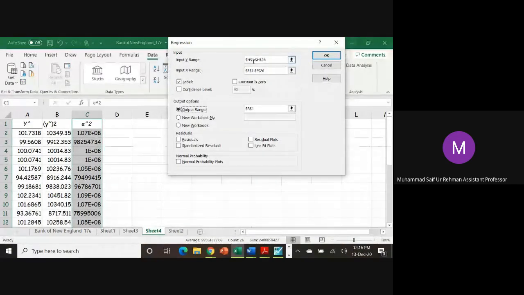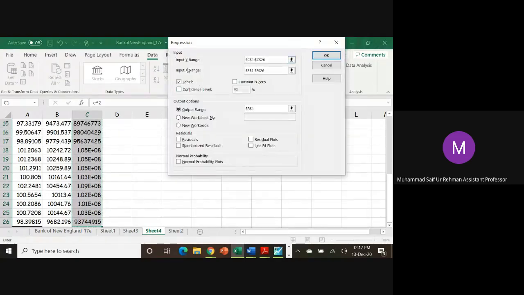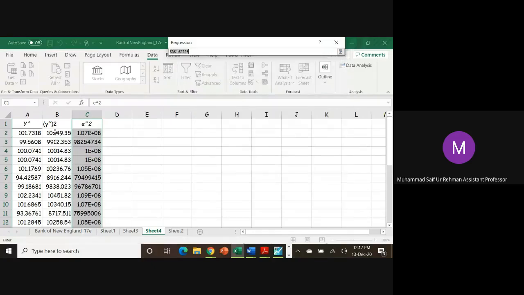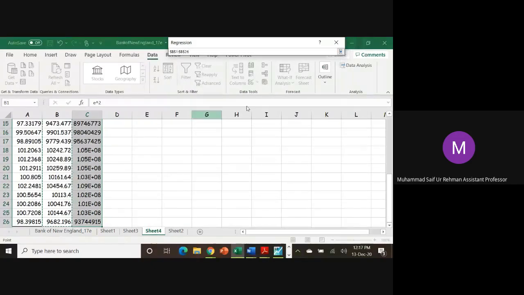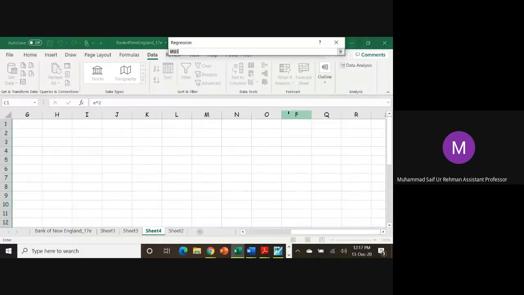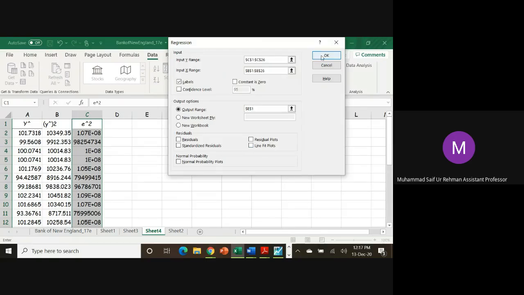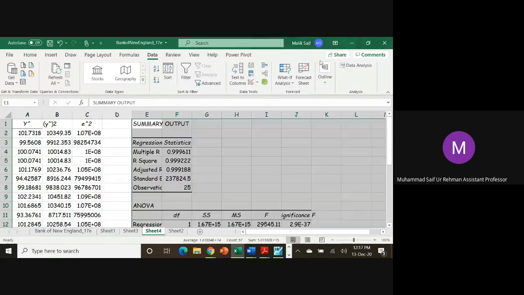Input range, this is your input range for y, dependent in this case, and this. Output range labels are there. Yes, output range, I want to have my answer over here, the results over here. So press OK. This is the result.